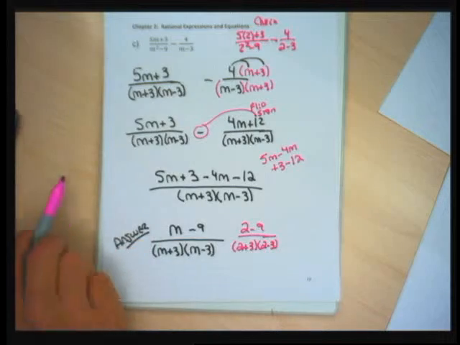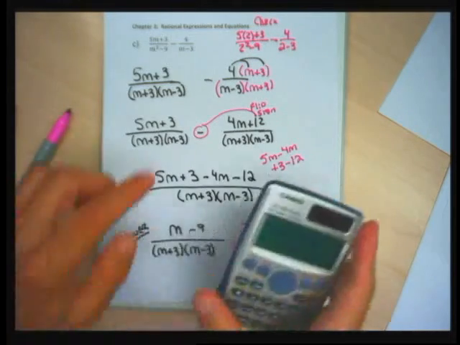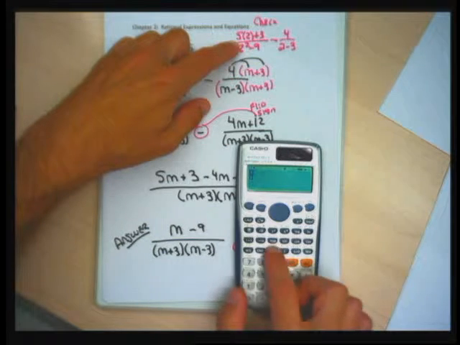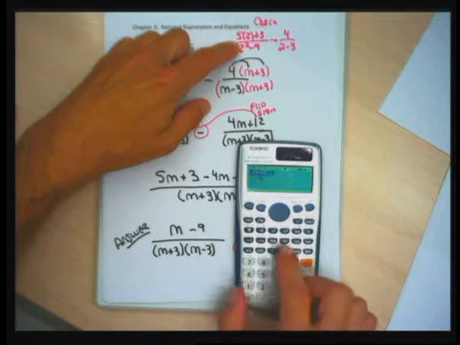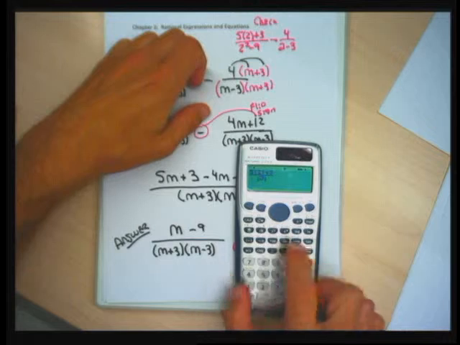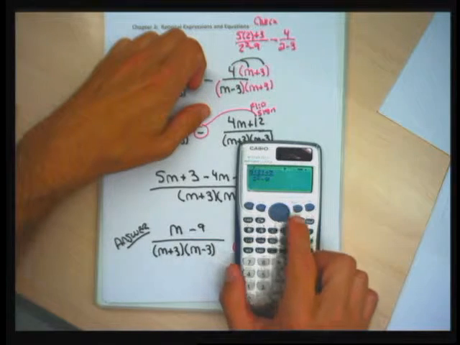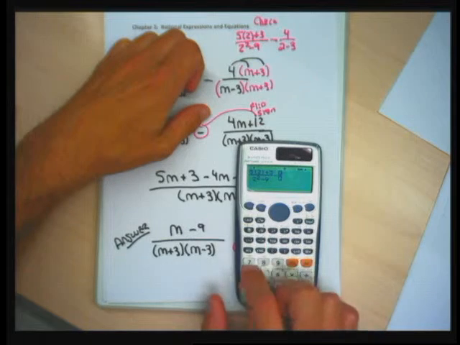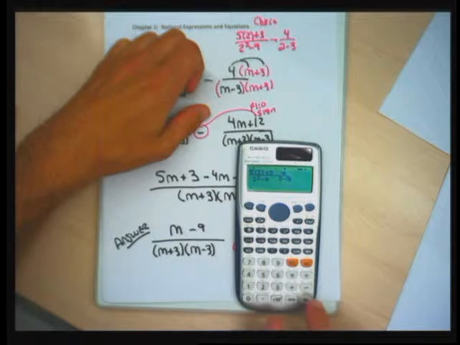So I'll do both those computations. Hopefully I get the same answers. First computation, original problem, 5 times 2 plus 3 over 2 squared minus 9 minus fraction 4 over 2 minus 3.